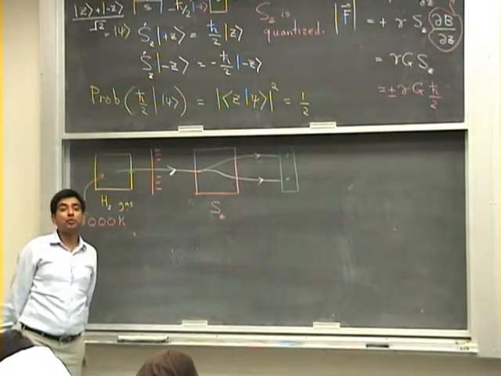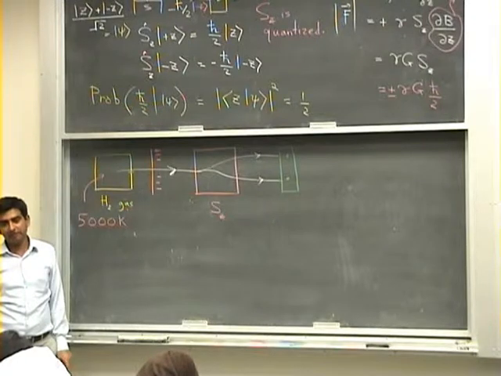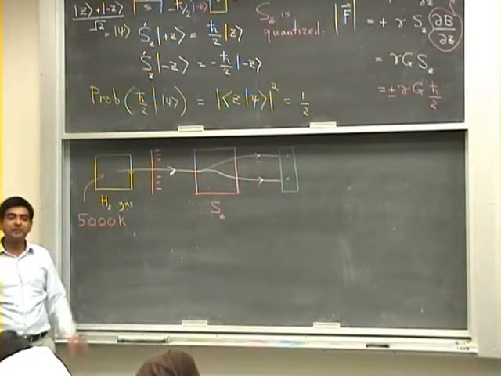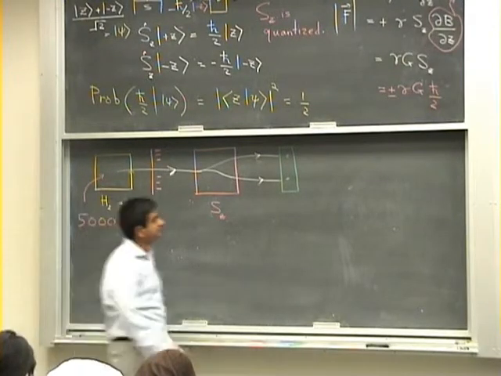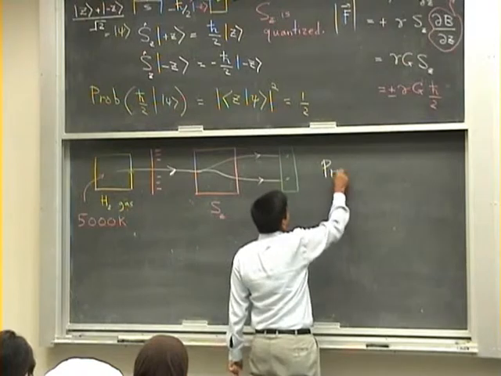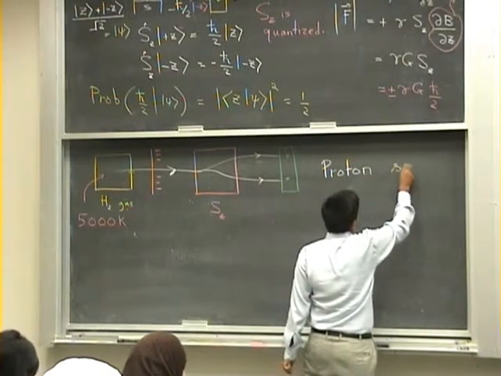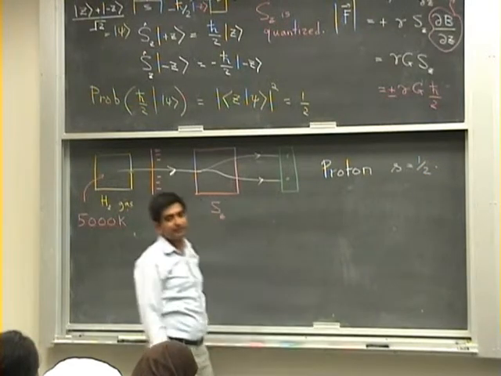This also shows that the proton is a spin half particle. There are two eigenstates. The dimensionality of the Hilbert space is 2. It's a spin half particle. Proton has spin small s half, right? I'll tell you later what the small s means.